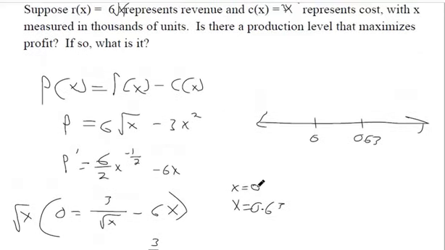If I plug in 0 into our profit function, I get 0 for profit. That's our break-even point, because you don't make anything, and it doesn't cost you anything. So I can't do -1 units. It's not even worth testing this side, right? I can do something between these two critical points. I can plug in 0.5 into my profit function.